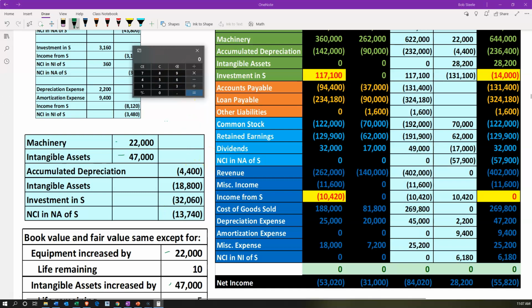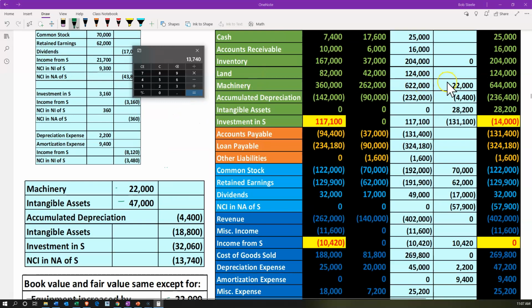So let's do that. 22,000 plus 47,000 minus 4,400 minus 18,800 times 0.7, there's the 3,260. And then if I took the 22,000 plus 47,000 minus 4,400 minus 18,800 times 0.3, there's the 740.